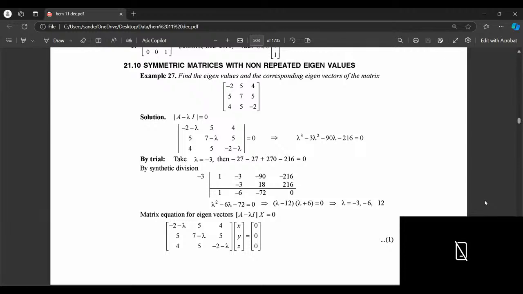So after expansion, you will get this equation, lambda cube minus 3 lambda square minus 90 lambda minus 216 equal to 0. Again, using synthetic division method, you take the trial.